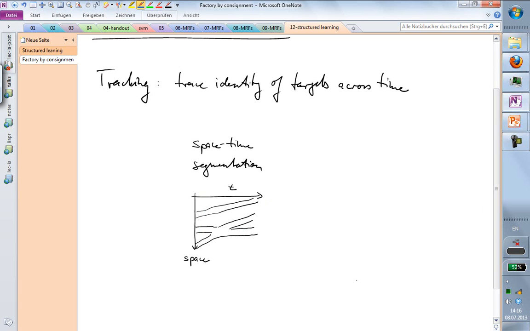So if I take as one criterion whether the method can handle large displacements, then I have to give the space-time segmentation a minus.